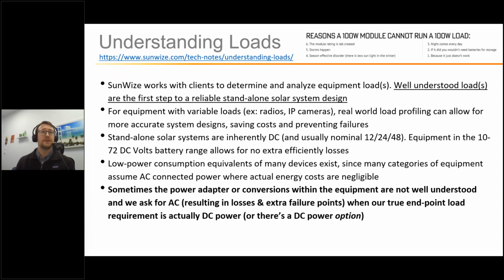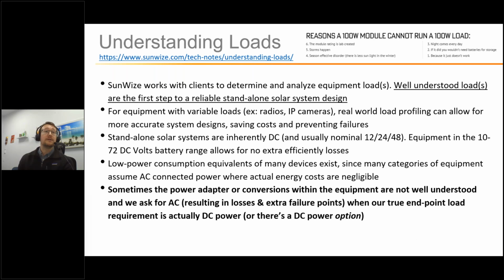We also want to bring awareness to a point Mark made earlier around the DC power and the advantages of staying on that side of things. Solar systems inherently are DC power because the energy coming out of the solar module is DC, as well as passing through this charge controller and stored in the battery.